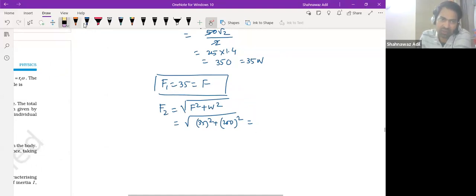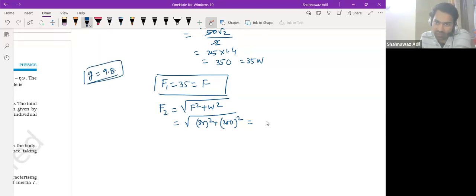But they are using g to be 9.8, so our answer may be different. So you guys please calculate and check what it is, right? Because they are getting F1 to be 34.6 because they have used g to be 9.8. If you use g as 10, then this would be 10.